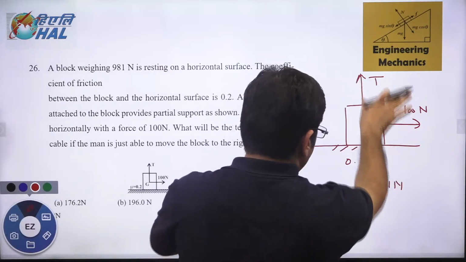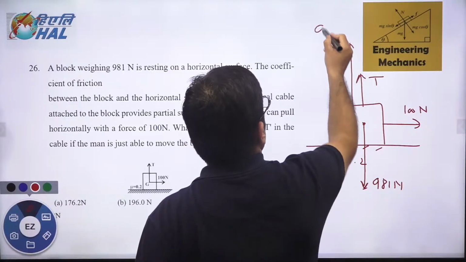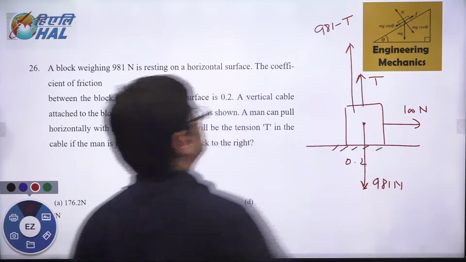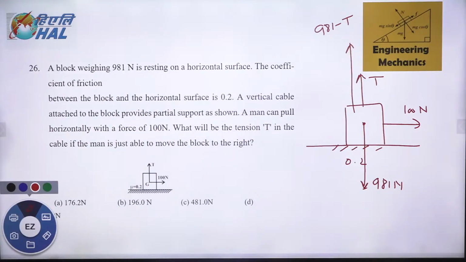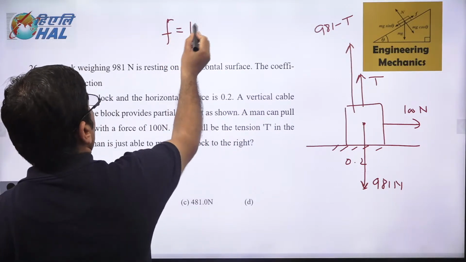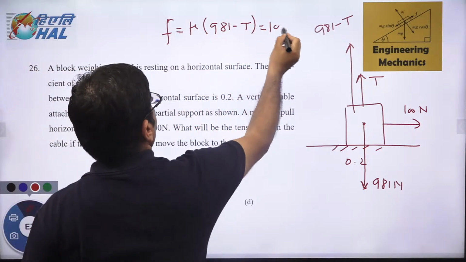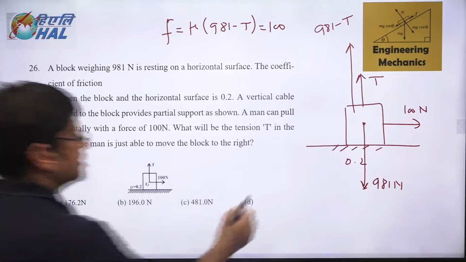Normal reaction is 981 downward, T upward. So normal reaction is 981 minus T. Normal reaction is 981 minus T. Now the friction is mu into 981 minus T, and that friction should be balanced by 100 Newton.